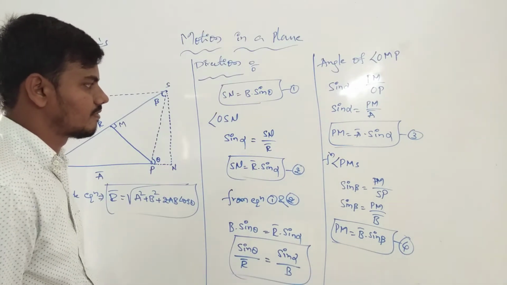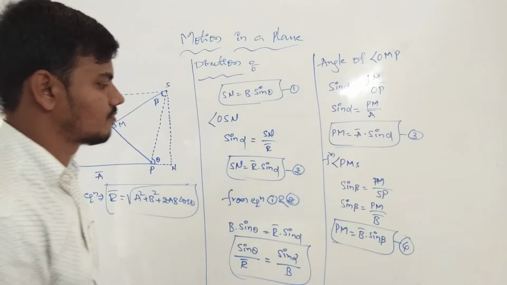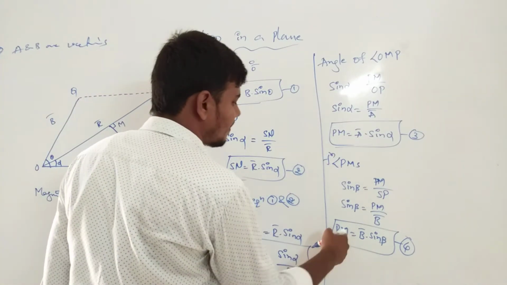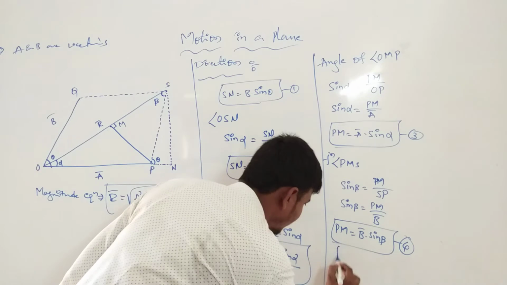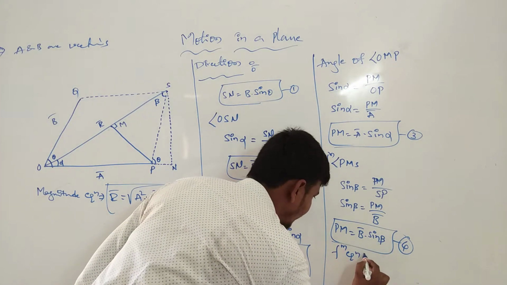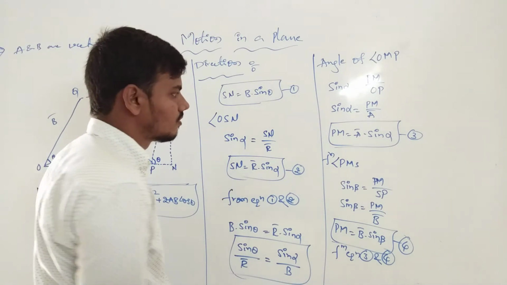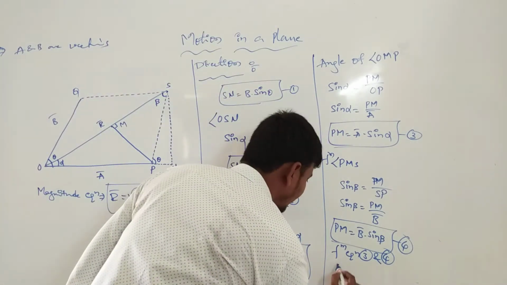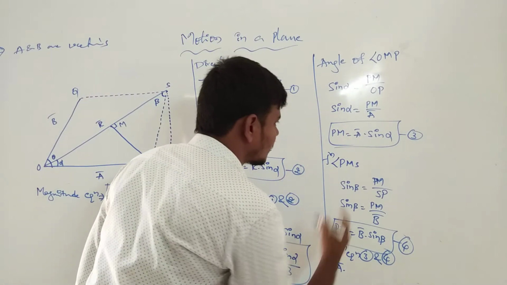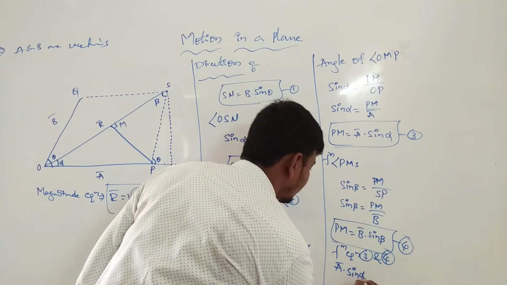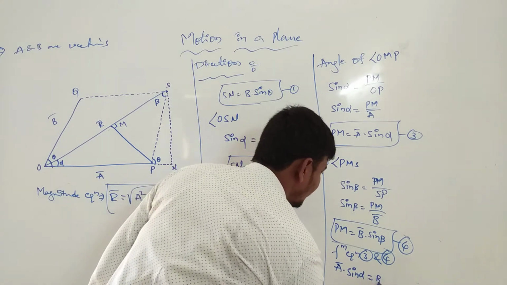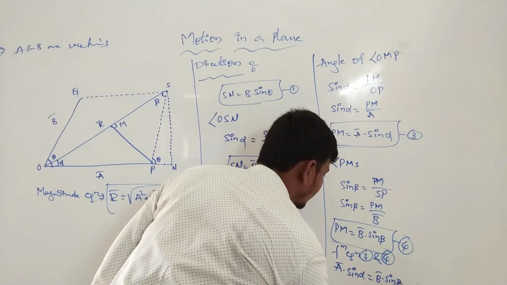Mainly equation 1, equation 2, equation 3 and equation 4. From equations 3 and 4, PM and PM are mutually the same. Now A bar sin alpha is equal to B bar sin beta.